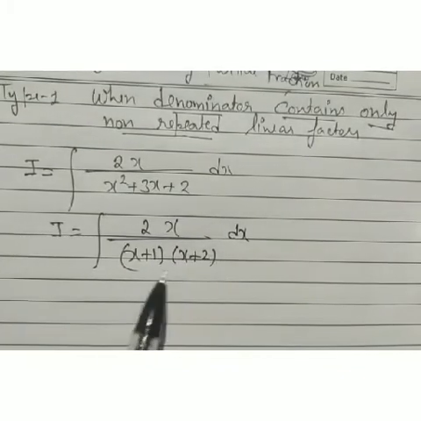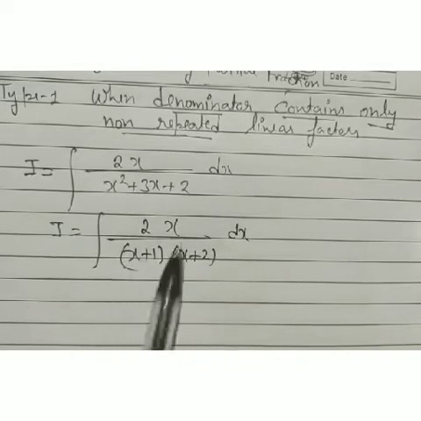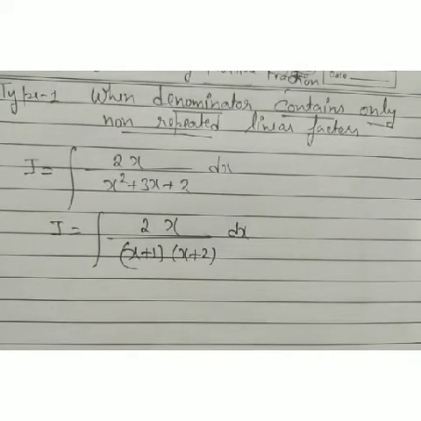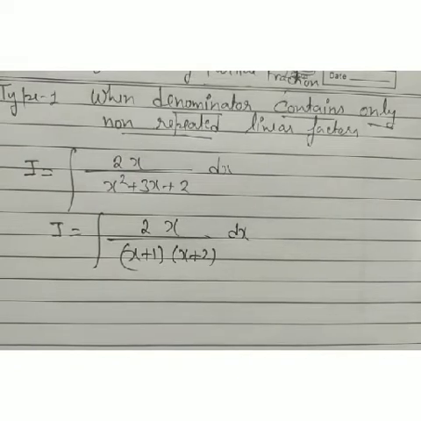Now look, what I'm telling you is that we express our rational function as a sum of two or more rational forms in simple form. Then we use what we studied earlier in the substitution part; using some formulas, we easily get the integration value.